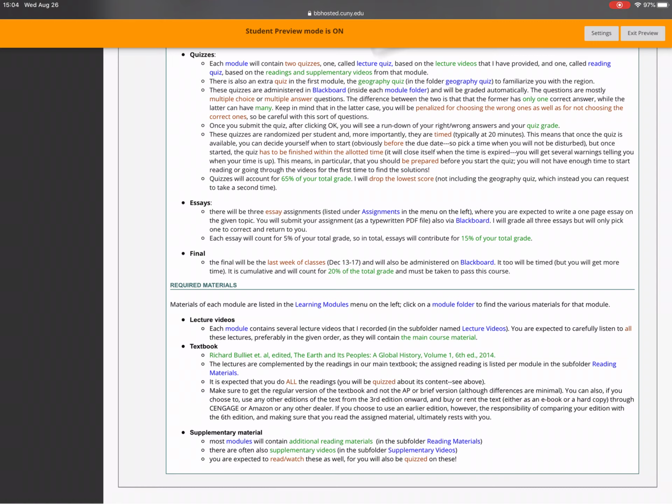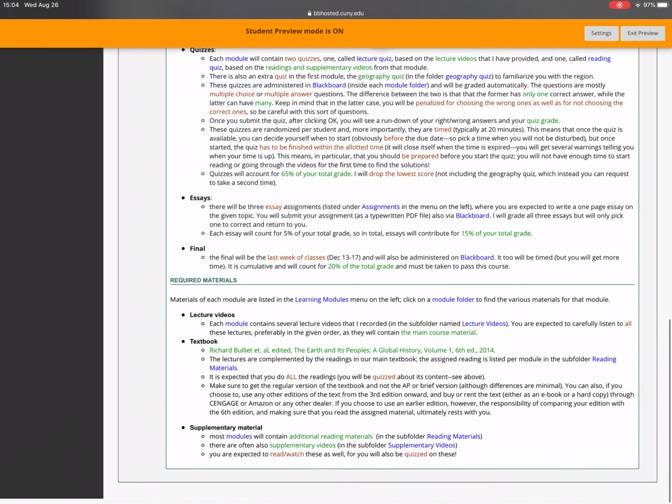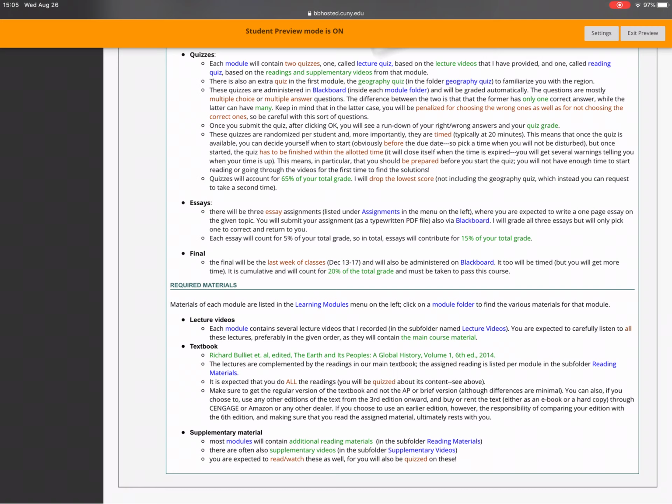It is your responsibility to compare the chapters and make sure that you're reading the chapters that I want you to read. Other matters about the textbook are written under textbook.